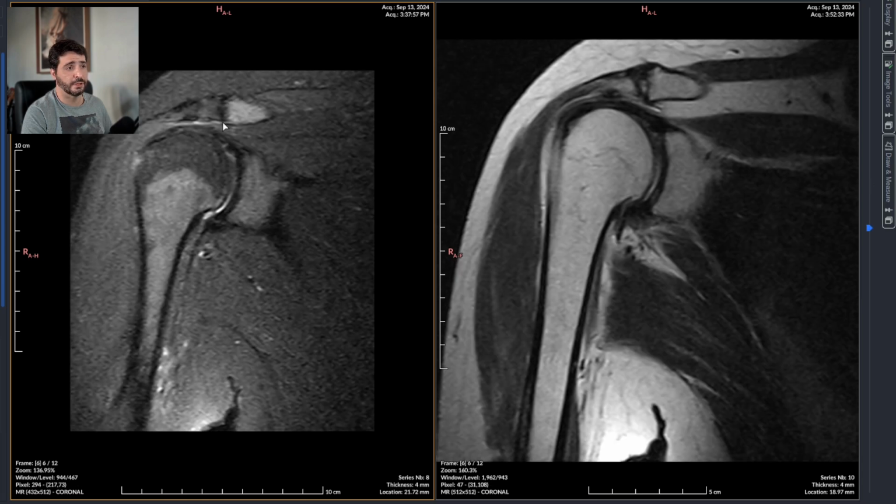Also, I have bone edema, and I have some kind of thickening of the elements of the capsule of the joint. So we have bone edema, arthrosis, and synovitis of the acromioclavicular joint.